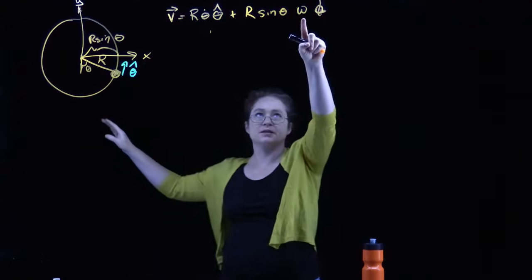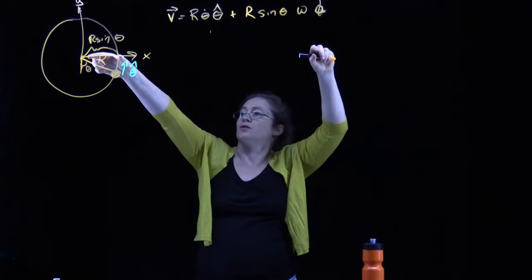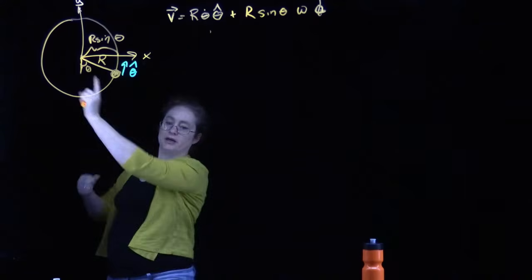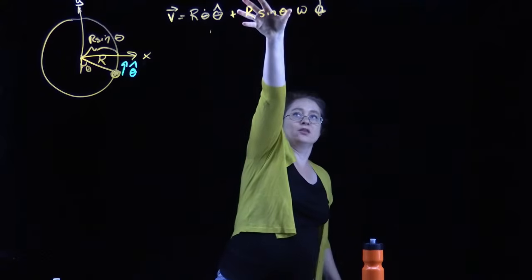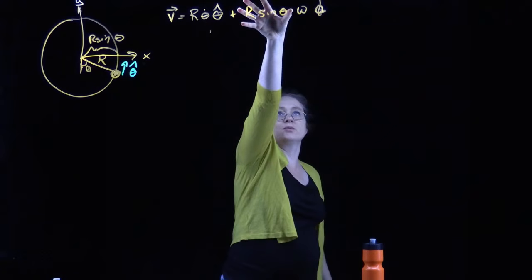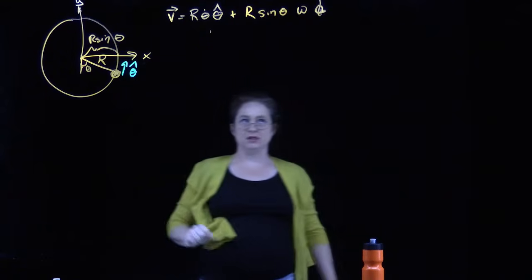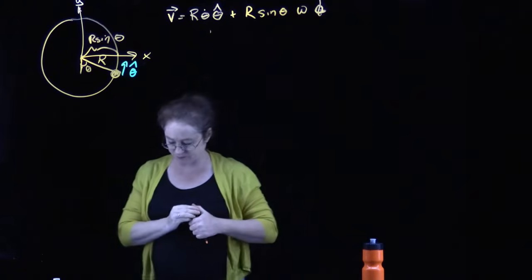So this is the velocity from it rotating in and out of the board: the radius of it going in and out of the board times the angular speed of it going in and out of the board.